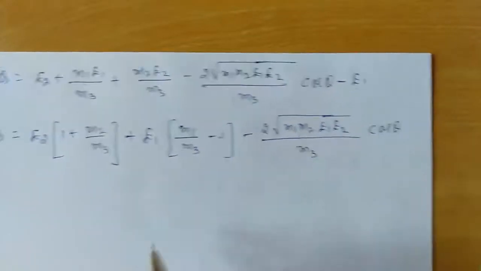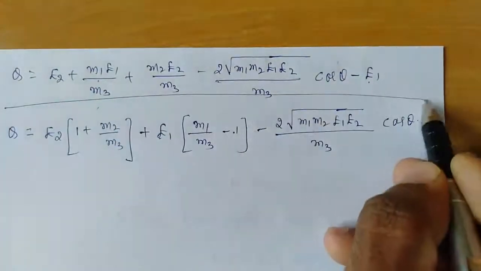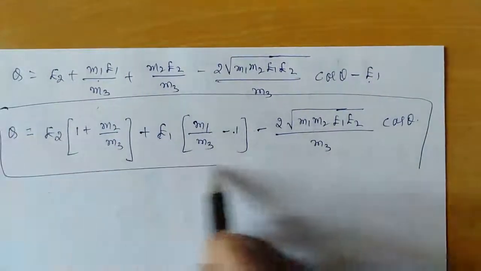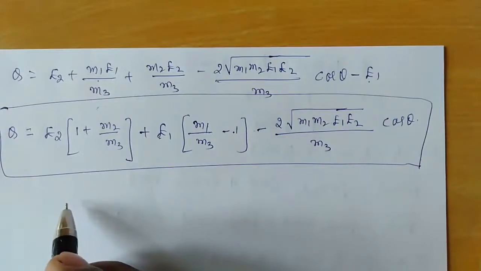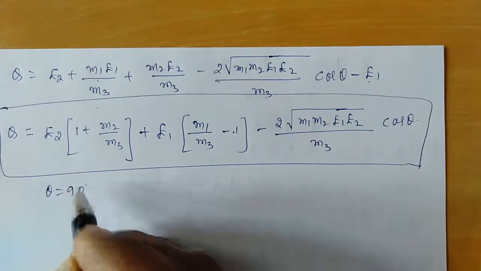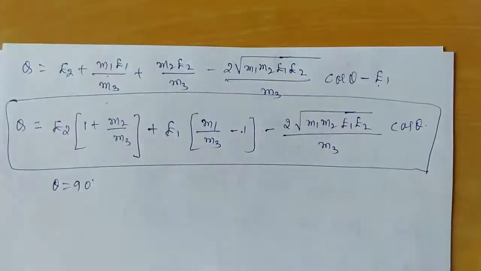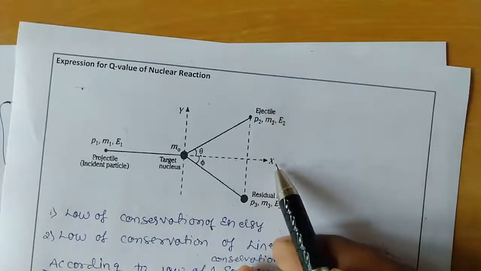Now this is the final expression for the Q value of the nuclear reaction. In practice, the ejectile will be ejected at right angles to the collimated beam. In the diagram we have seen that theta is the angle made by the ejectile with the x-axis.